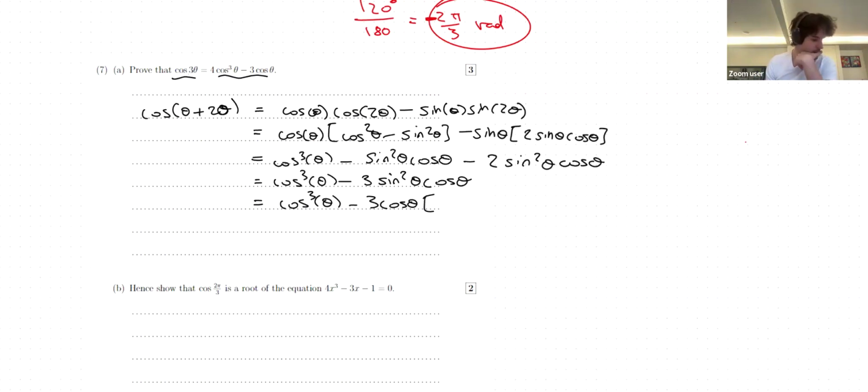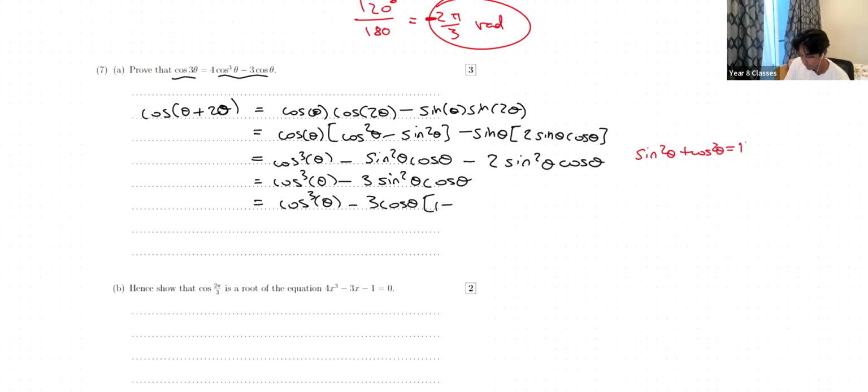Given this, you can make it 1 minus cos squared theta. Yeah, minus. Okay, and now we expand.